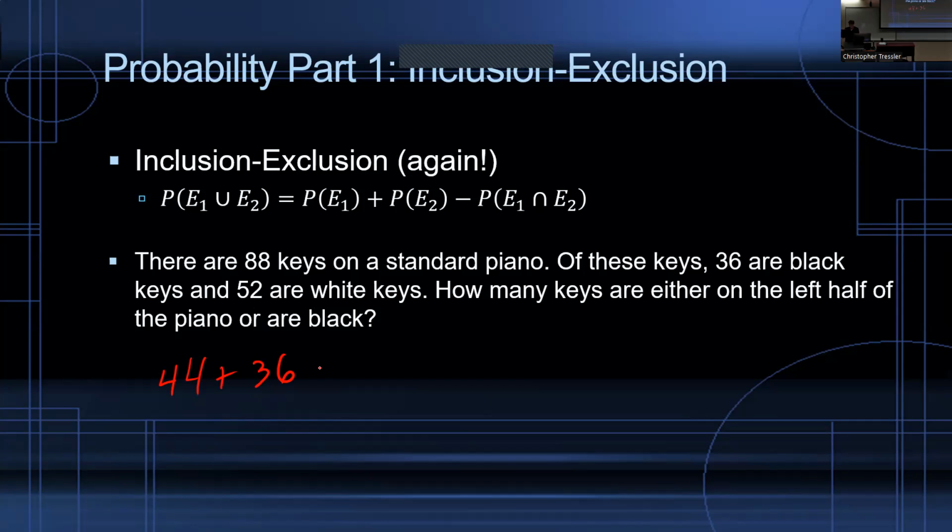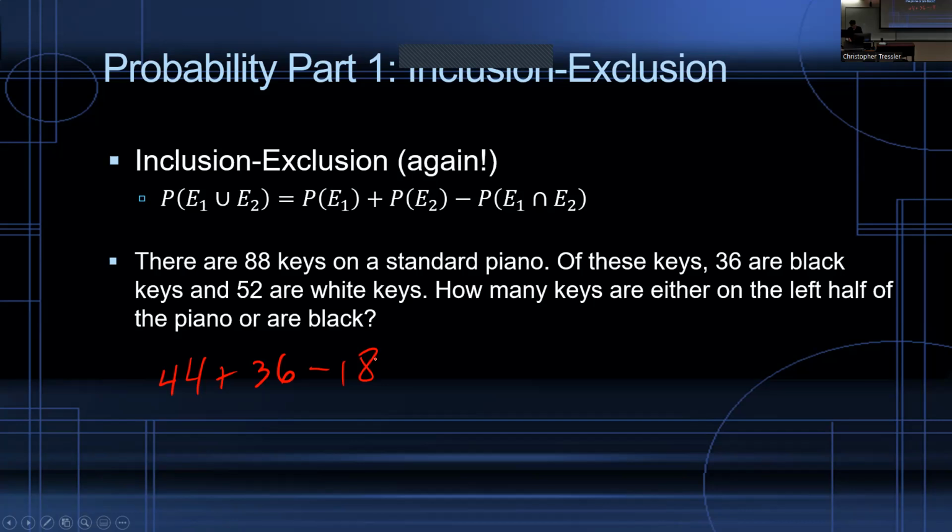But then we have to subtract the number of keys that are both black and on the left, which in this case would be half of the 36. Once again, we're assuming it's evenly distributed. So 36 black keys divided by 2 would be all the ones on the left. So we're going to subtract the 18. If I do that math real quick, we get 44 plus 36 minus 18.